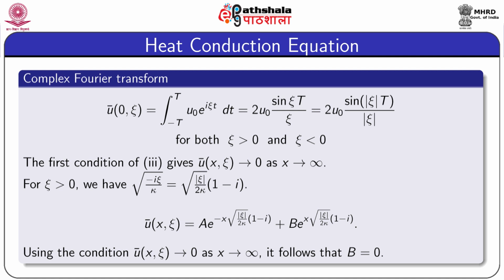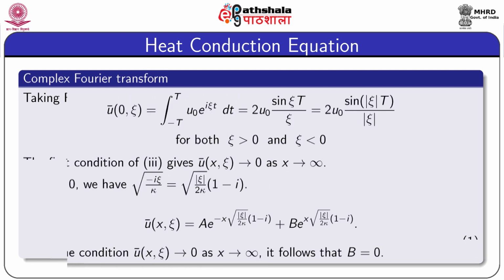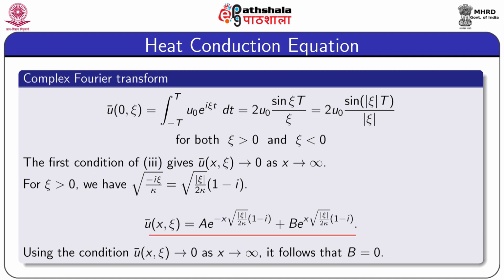So, if we use that result, the general solution of equation 1 can be written in the form ū = A e^(−x√(|ξ|/2κ)(1−i)) + B e^(x√(|ξ|/2κ)(1−i)).